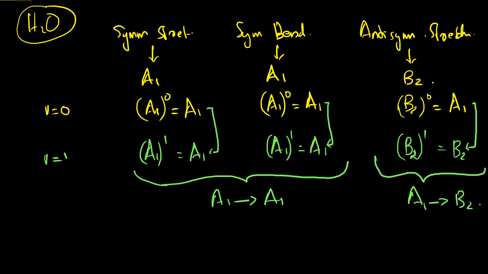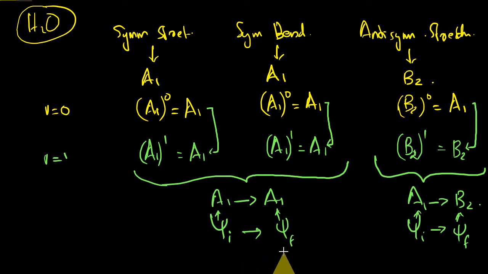It means that psi I, the initial state in this case, belongs to the A1 symmetry, and the final state psi f in this case also belongs to A1 symmetry. But in the asymmetric stretching case, the initial state psi I belongs to A1 symmetry, but the final state psi f belongs to B2 symmetry.